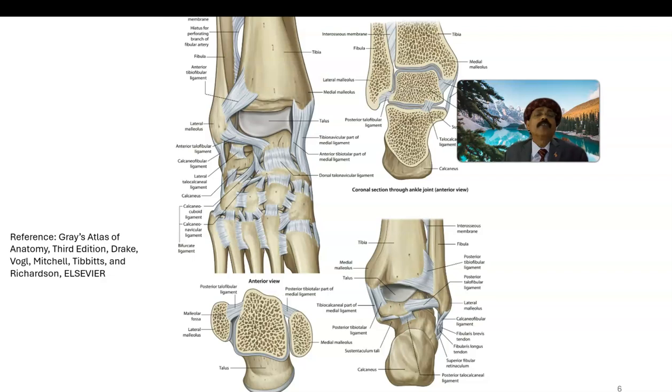More common is the anterior talofibular ligament. This is the most common ligament that may be damaged. Second most common is the calcaneofibular ligament. Then there may be a chance of damage to the posterior talofibular ligament. The least chance is for the deltoid ligament, which is on the medial aspect.